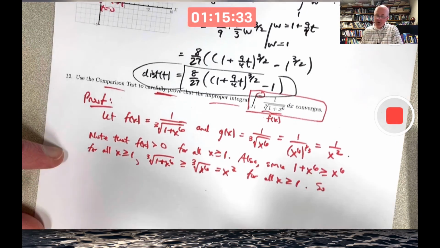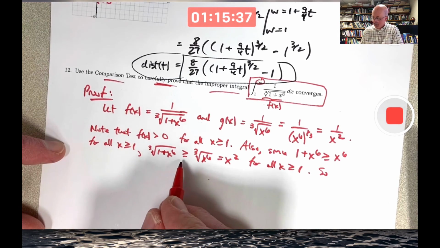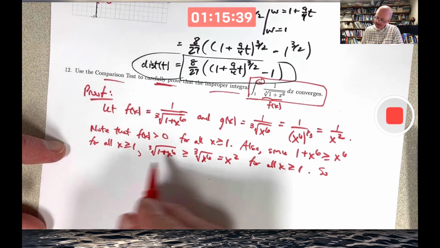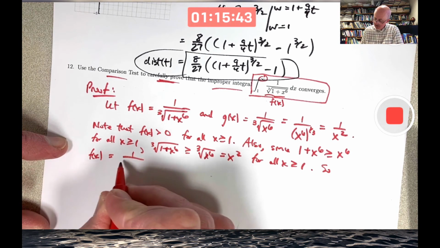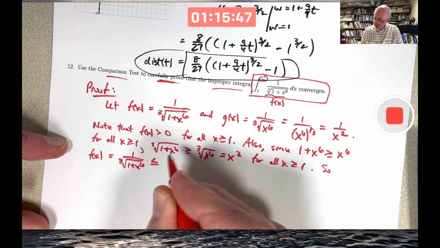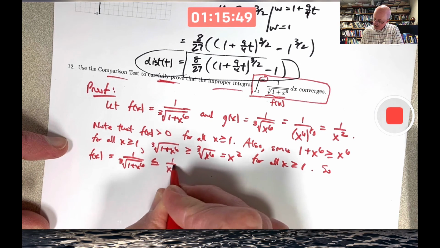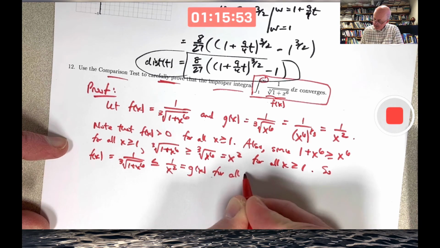So their reciprocals have an opposite relationship with the inequality. The greater than or equal to becomes a less than or equal to. So f of x, which is the reciprocal of cube root of 1 plus x to the 6th, is less than or equal to 1 over x squared, which is g of x for all x greater than or equal to 1.